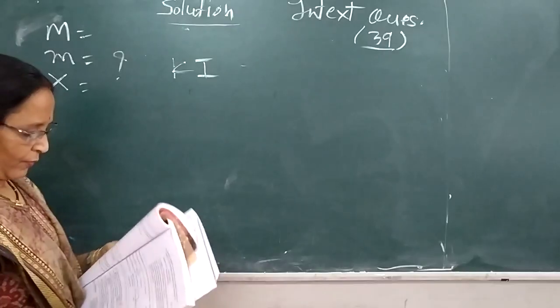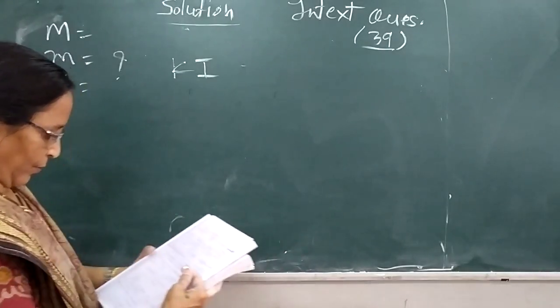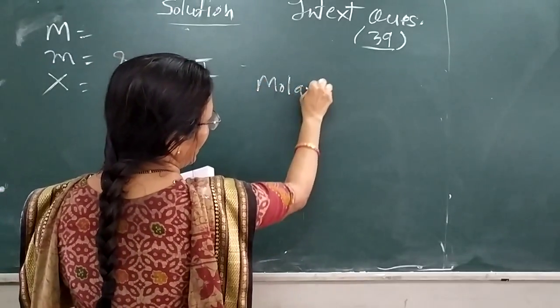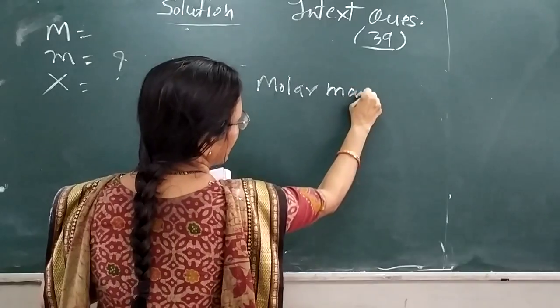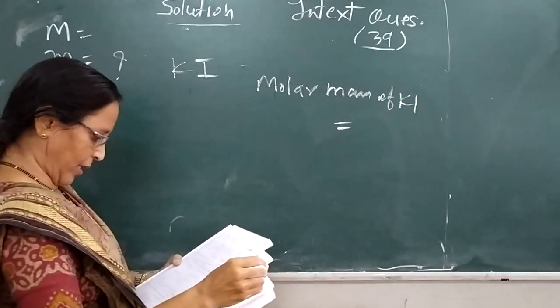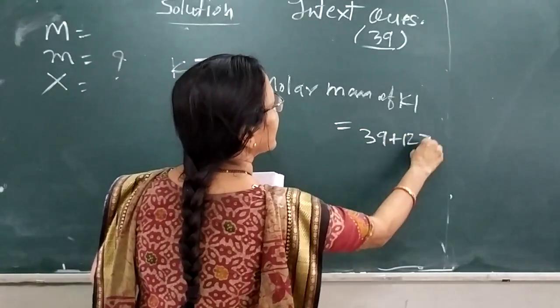Now for this calculation you require the molar mass of KI. That I am giving you. Write down, student, 39 plus 127.